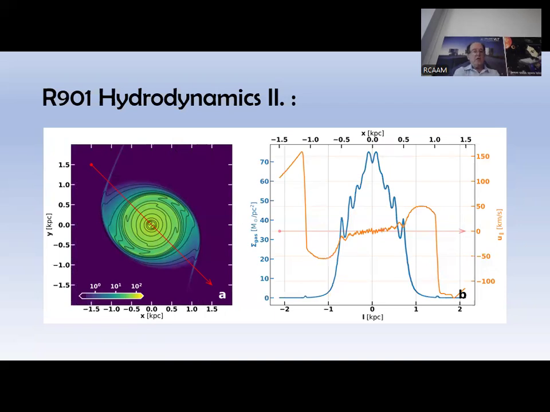So again, this is the 20 kilometers per second case. Again, we take the slit and we see that when we are here, here and there, then we have the shocks. But when we enter here, there are no shocks, definitely.